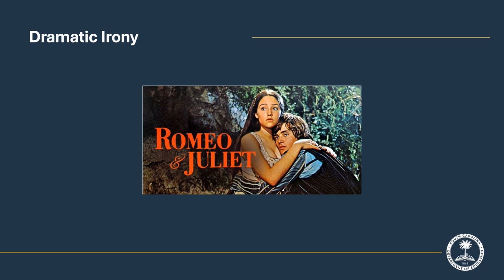Why does Shakespeare give us, the reader, a different perspective than he gives Romeo? What is the purpose of this in the play? How does this difference in perspectives impact the characters? This is just one example of how an author purposefully creates the effect of dramatic irony.